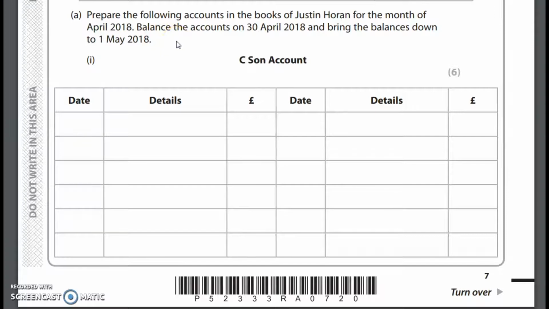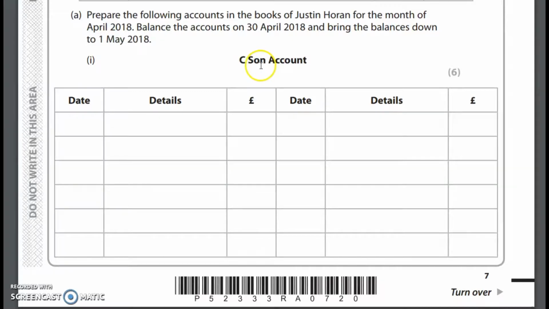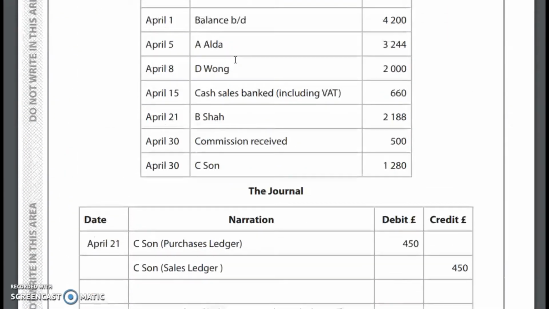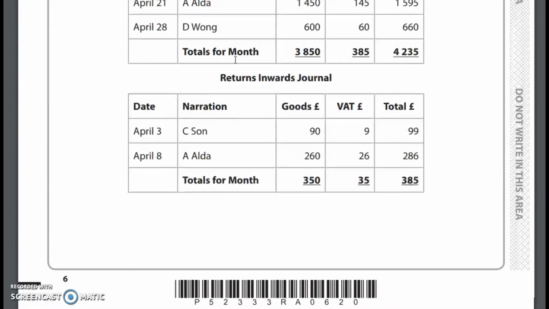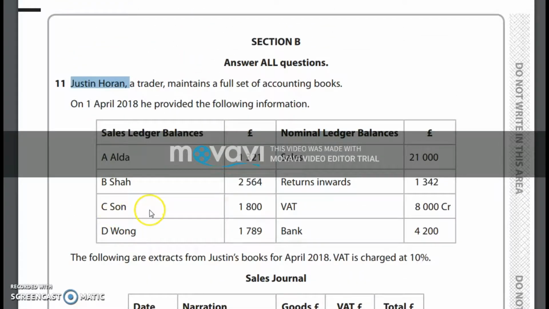Whenever you get a question like this, first you have to identify whether this particular T account or ledger account that we have to prepare is an asset, liability, or what is the category. If you take CSUN, as we identified before, CSUN is a trade receivable because his balance can be found in the sales ledger.